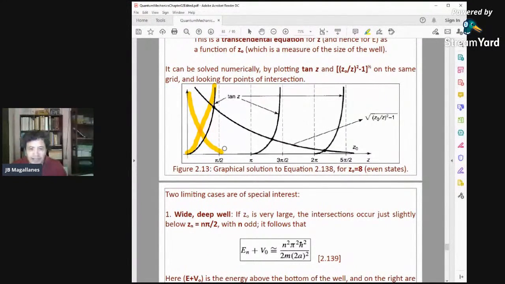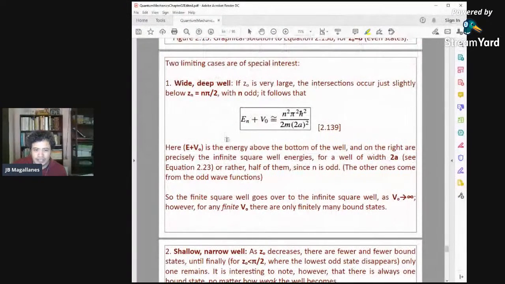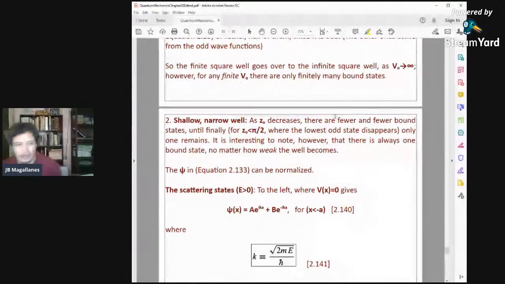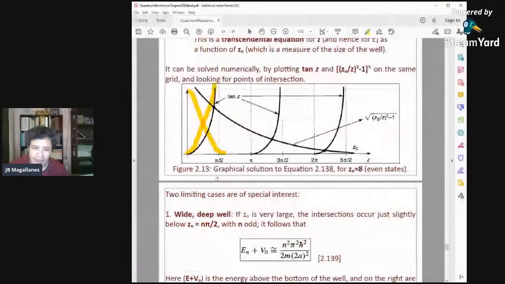It is hard to draw, but it has to touch the Z axis immediately, so that whatever happens for a shallow well, there is always one intersection that could occur.